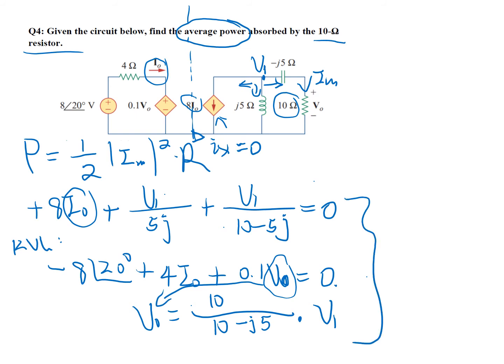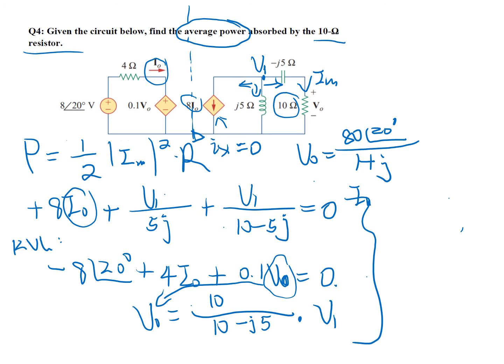So now we have 3 equations and 3 unknowns, and we can very easily find the value for V0, V1, and I0. So we can solve for V0 is equal to 80 angle of 20 degrees over 1 plus J. Once we know this voltage value, we can easily find out the current flowing through the 10 ohm resistor.